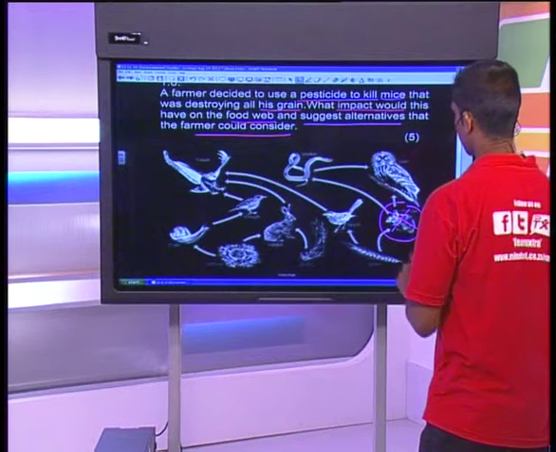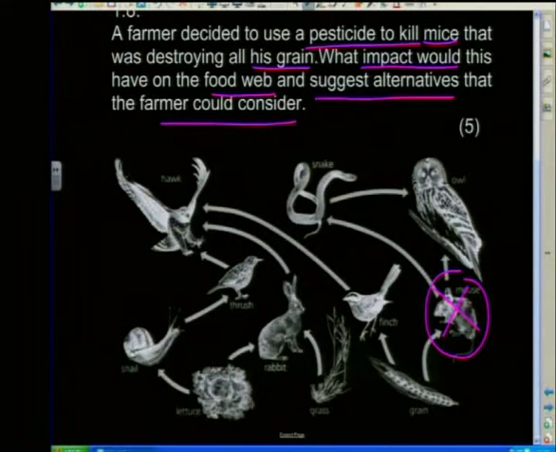Firstly, the mice are a source of food for snakes and the owls. So if we take the mice out of this population, the snake population would be affected. We would need to look at what they would consume next. There needs to be a source of food for them. If we remove the mouse from that area, the snake population would definitely decrease.